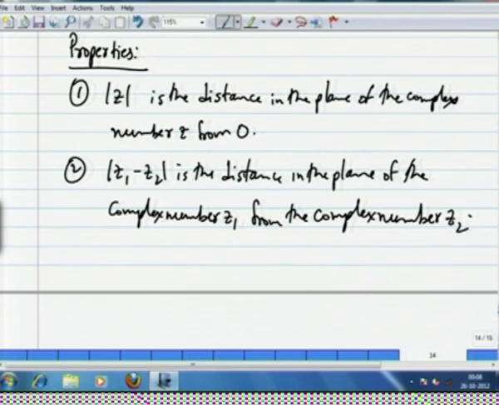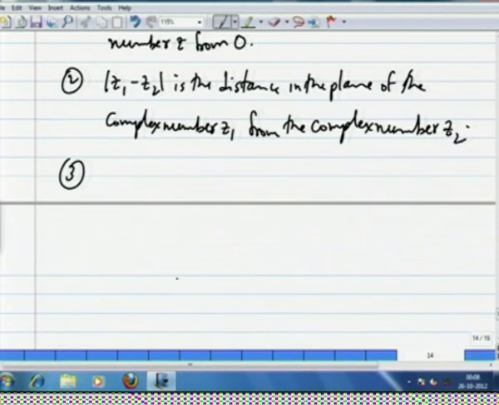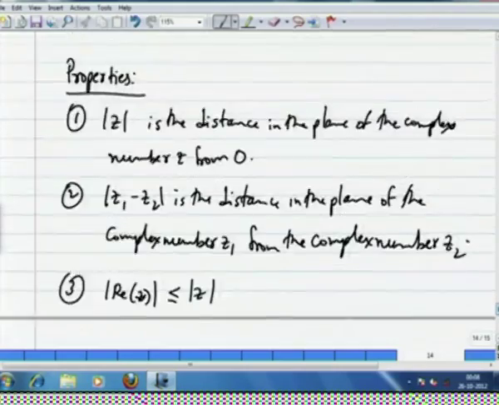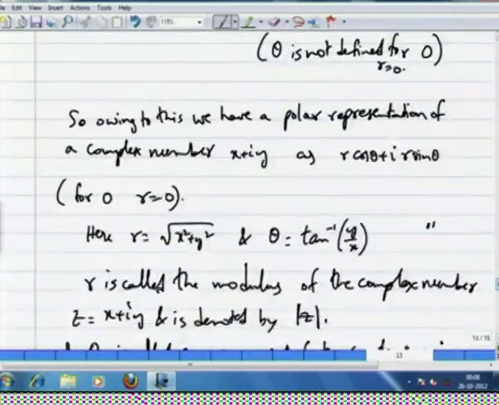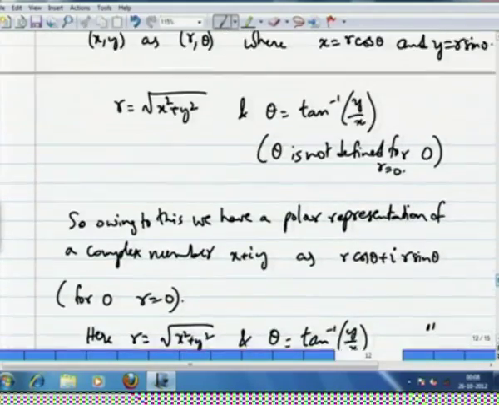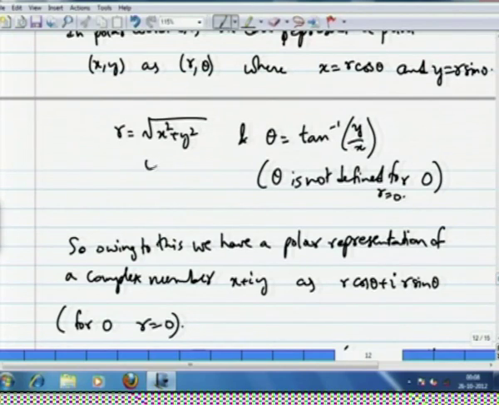And the third property is that the modulus of the real part of z is less than or equal to the modulus of z. That is clear because the square root of x squared plus y squared anyway dominates the value x itself. That is the modulus, and that is greater than or equal to x itself.